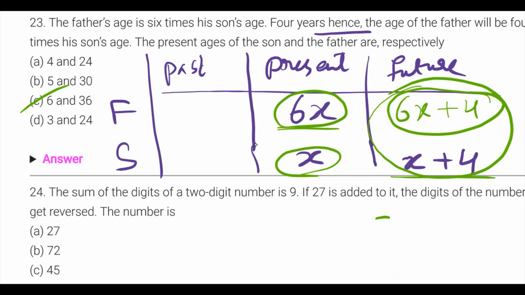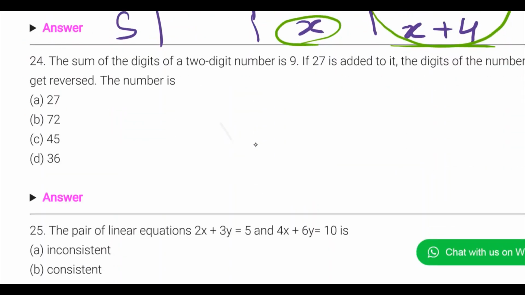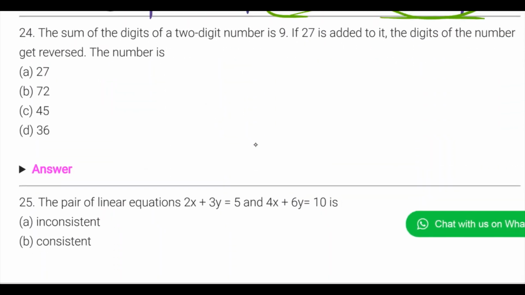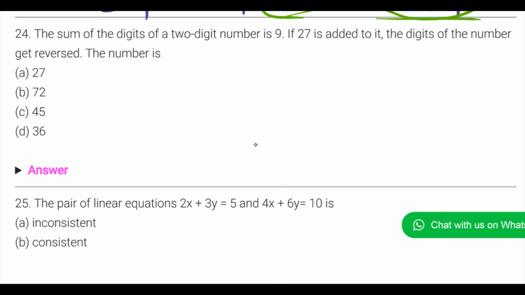Next question, 24th question. The sum of the digits of a 2-digit number is 9. If 27 is added to it, the digits of the number get reversed. The number is.